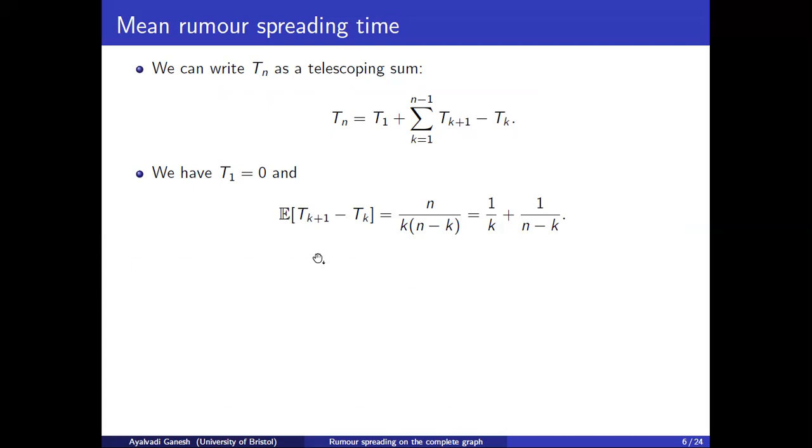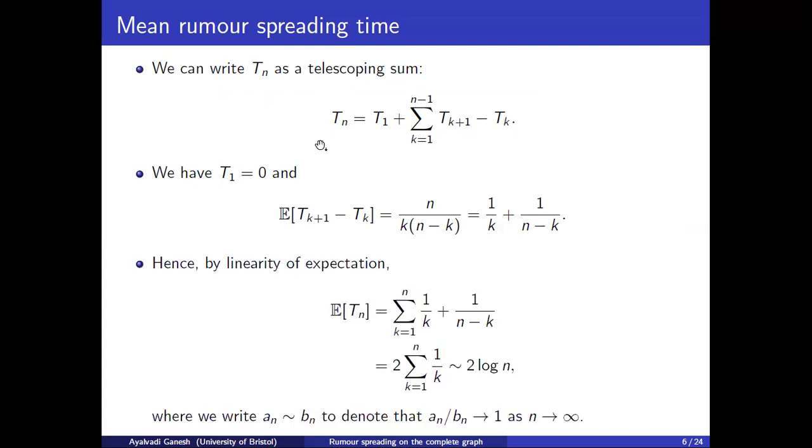So what can we say about the expectation of Tn? T1 is 0, so the expectation of Tn is the expectation of the sum. By linearity of expectation, the expectation of a sum of random variables is always the sum of their expectations. No independence is required. This is always true.